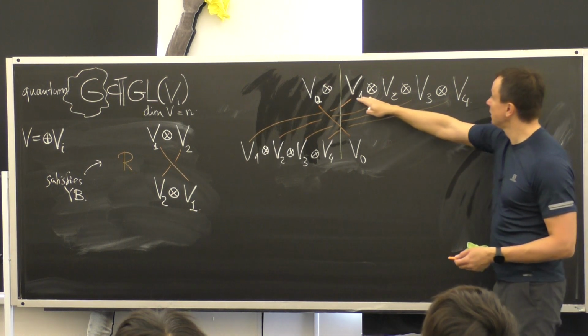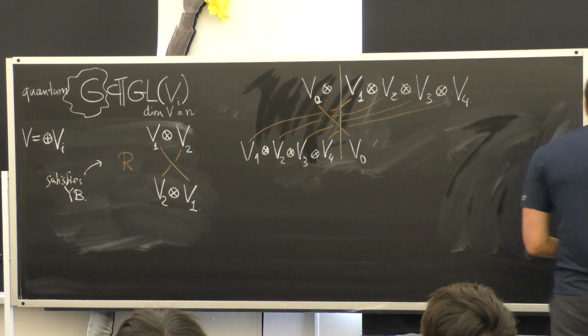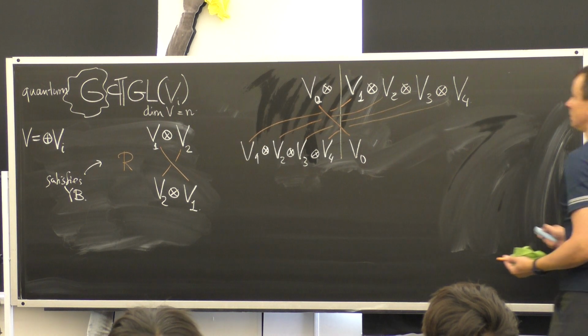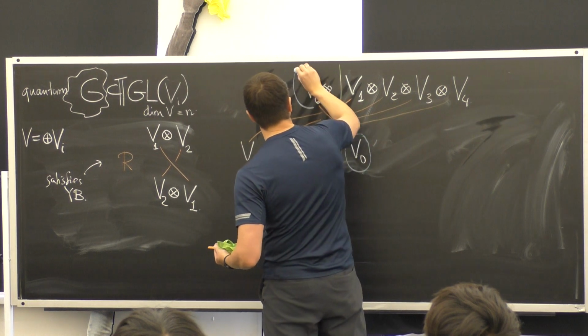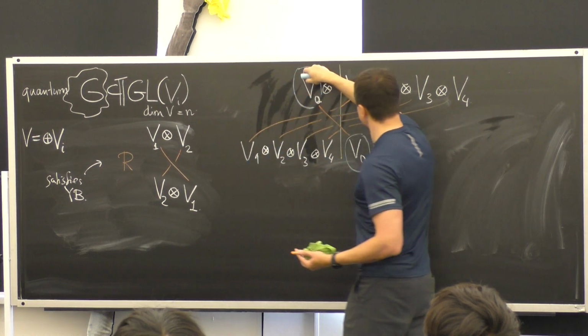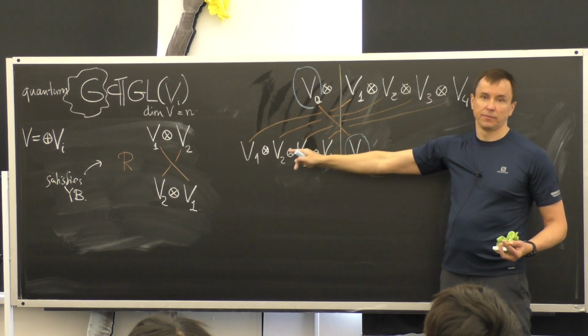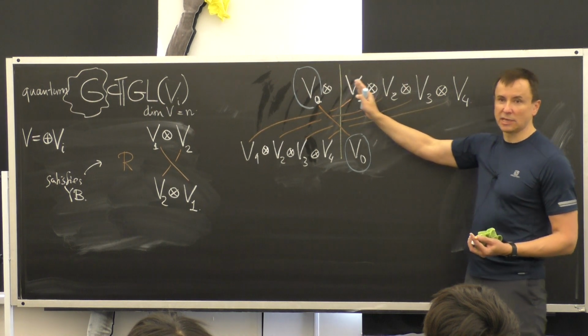And then if I want an operator in this space, all I do is take an arbitrary matrix element in the auxiliary space, which gives me an operator here.